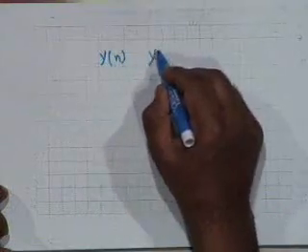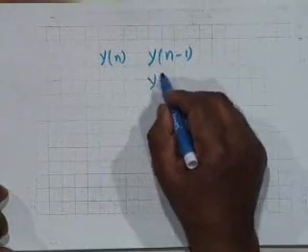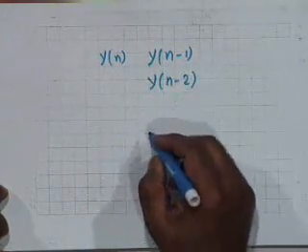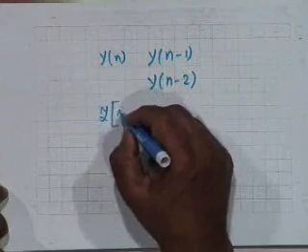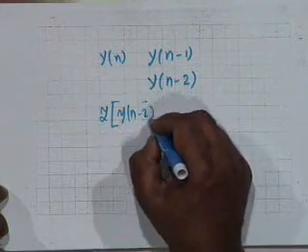Suppose we had a second order difference equation. Suppose we had, in addition to y of n and y of n minus 1, also y of n minus 2. Then how would you transform y of n minus 2?